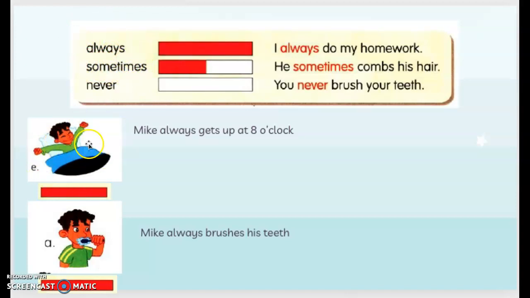You see this picture and it's a red box. So Mike always gets up at 8 o'clock. And then this one, sometimes. If it's half filled with red ink, that means sometimes. So he sometimes combs his hair.